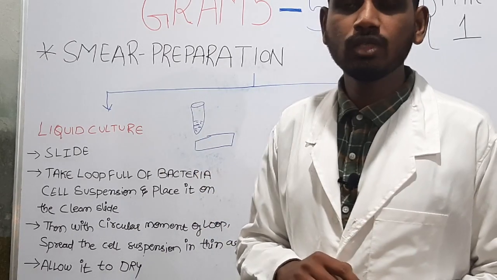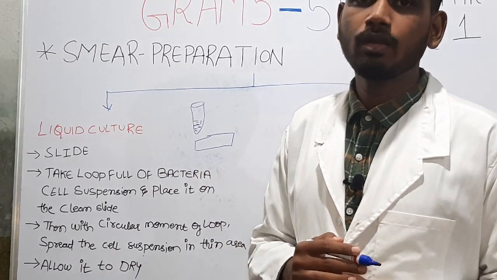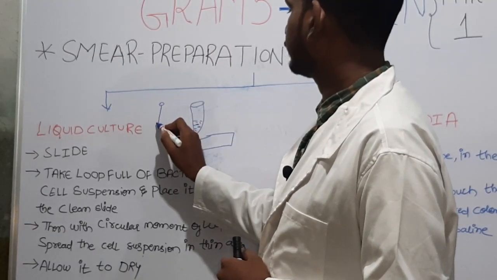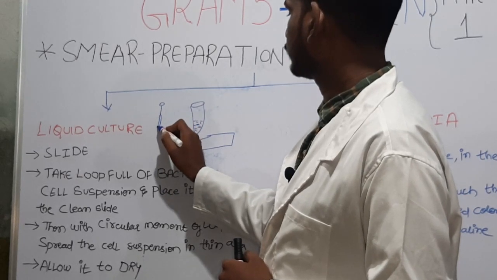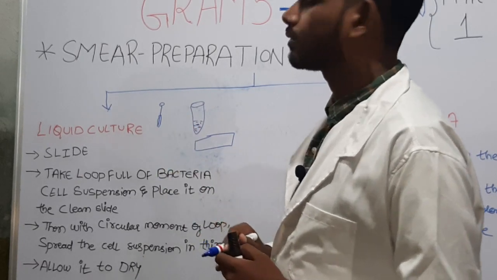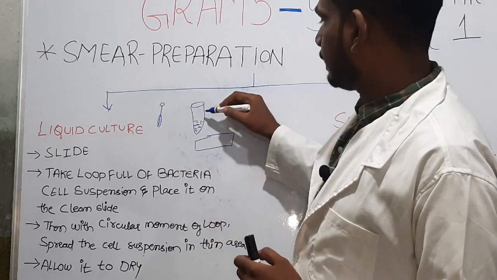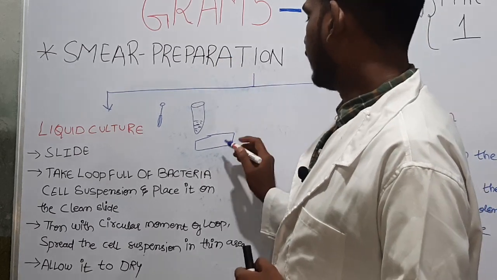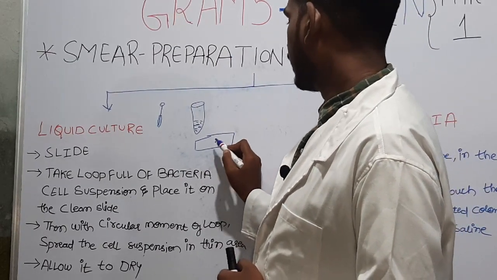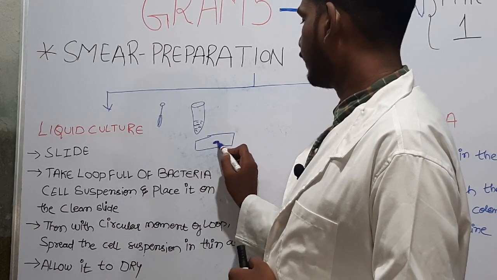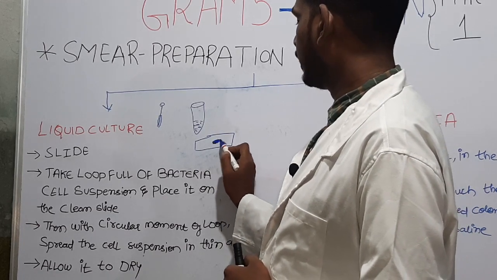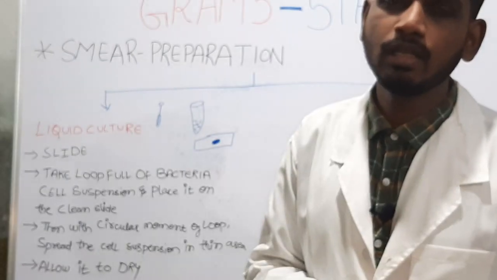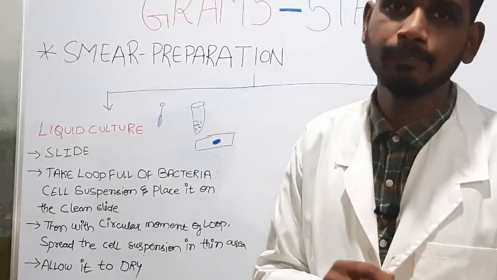By using the nichrome loop, which looks like this, take a loop full of bacterial cell suspension and place it on the clean glass slide, and using a circular movement, make a thin smear and allow it to dry. Repeat this procedure if the cell suspension is very thin.